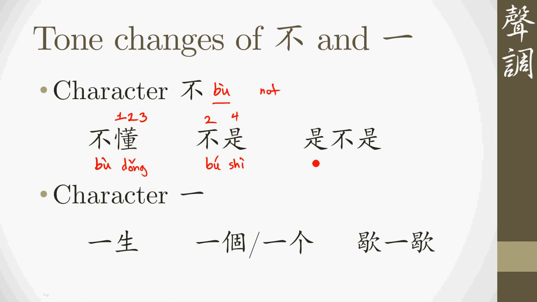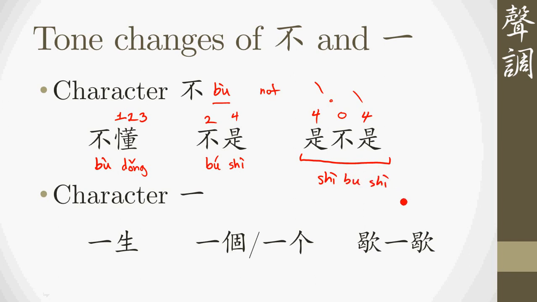And then the third case is when we have 不 sandwiched in between two other words in a phrase. Here we have 是不是, with neutral tone. This is usually denoted by a 0 or a 5. Sometimes it's called fifth tone, but I like to use 0 just because it emphasizes that there's really no pitch contour we're worrying about.